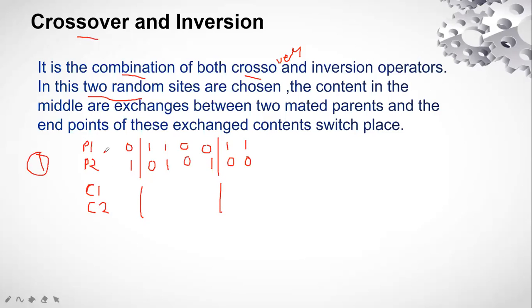Just see, these two will remain the same. Parent 1, child 1, 0 will remain the same as 0 for parent 1. For this, 1, 1 will remain the same as 1, 1. Fine. But these particular bits which are falling between the two cross sites are being swapped. So this 0, 1, 0, 1 is of parent 2.